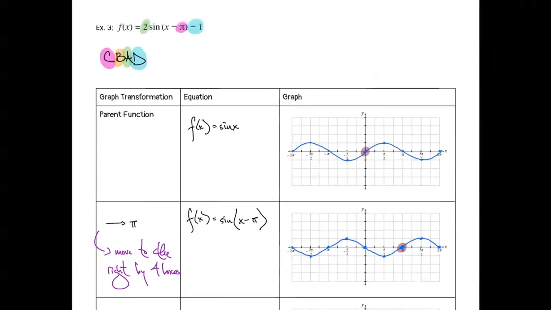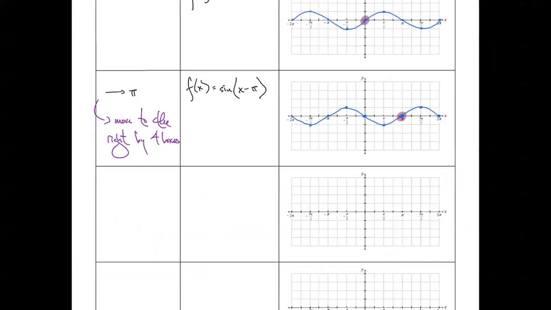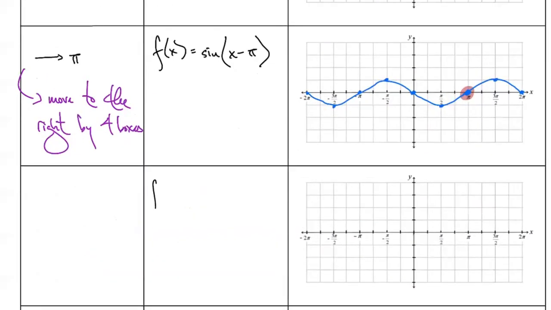All right, what comes next? We're gonna do that 2. We're gonna take care of the 2. And what does that do to our graph? What does that 2 do to the graph?